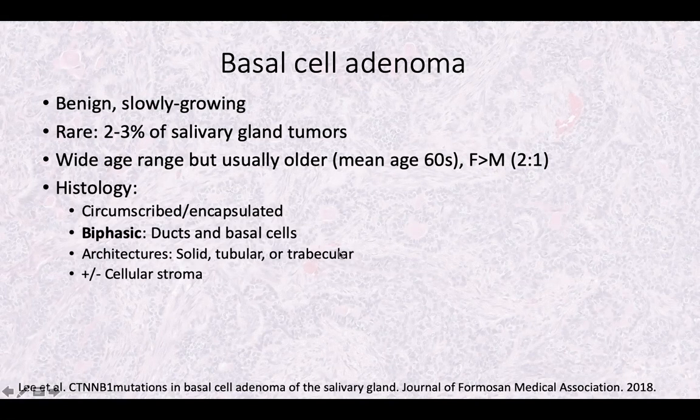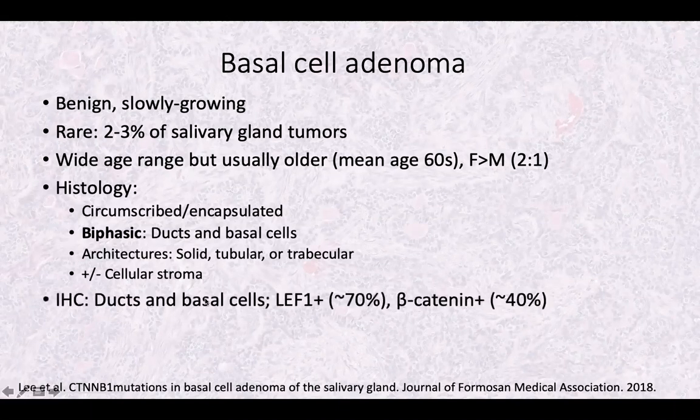There's also a membranous architecture, which I'm not going to discuss today because I think it's sort of a different entity, and that might be sort of broken off from basal cell adenoma in the future. But just know there's this membranous variant of basal cell adenoma out there. And then they can have this cellular stroma, which we saw there.